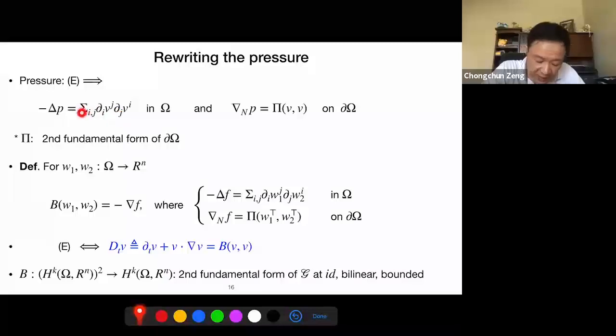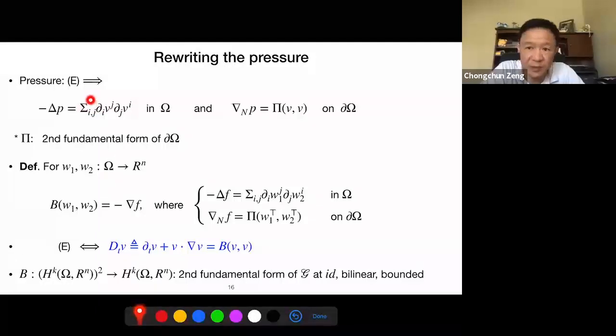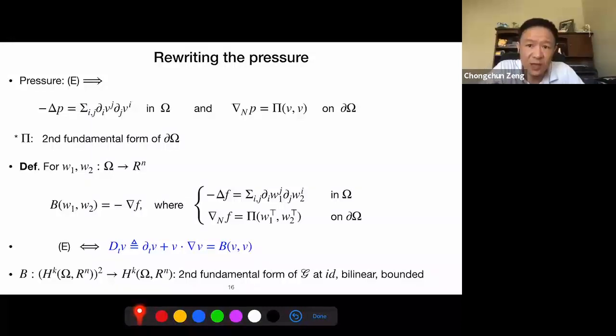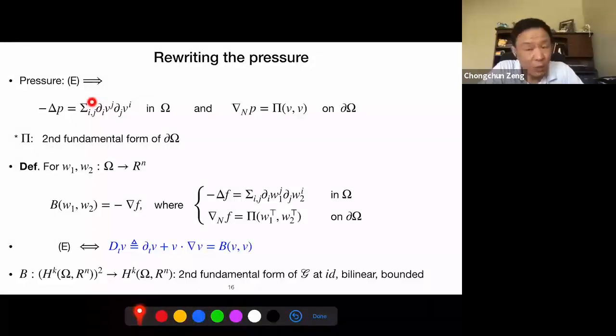And if this is the case, then gradient of the pressure has the same regularity as the velocity field. And so the gradient of the pressure becomes a regular driving force in the Euler equation, with the same level of regularity as the velocity field. And that would be very easy to handle in, say, well-posedness analysis or some other analysis.